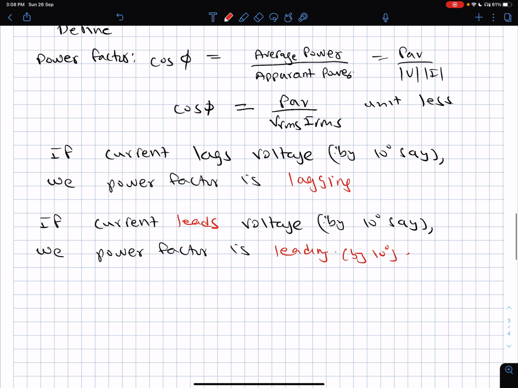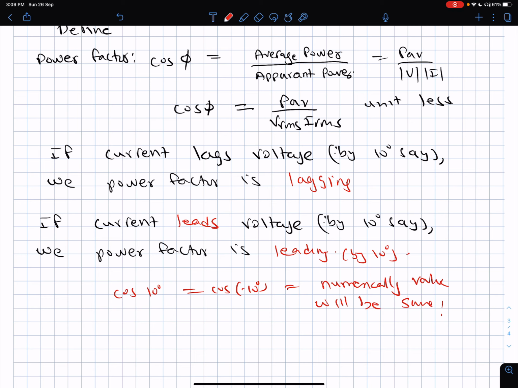However, because cos of 10 degrees and cos of minus 10 degrees are the same numerically, the value will be the same. Whatever cos of 10 degrees is, 0.95 or whatever it is, that same number will come out.